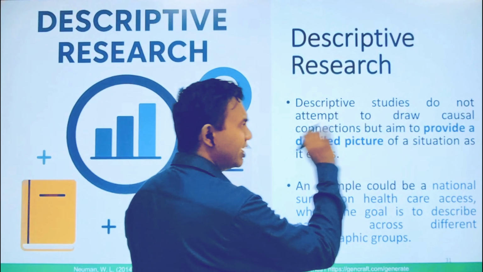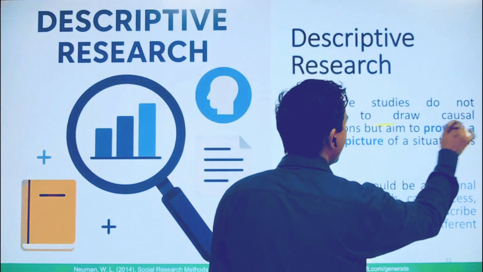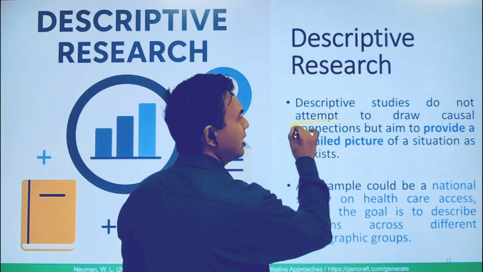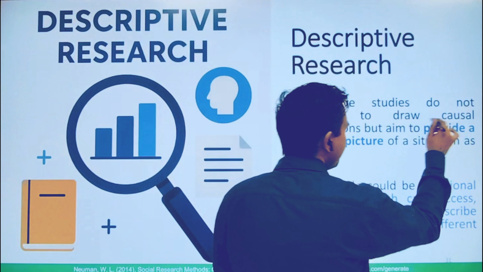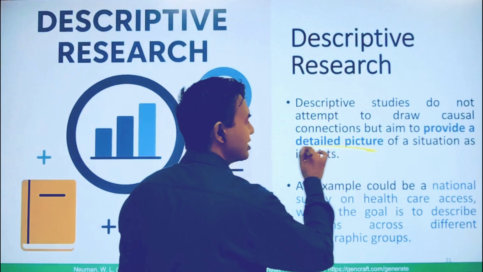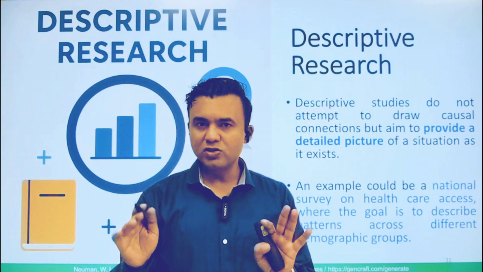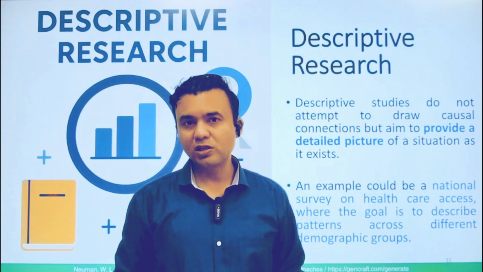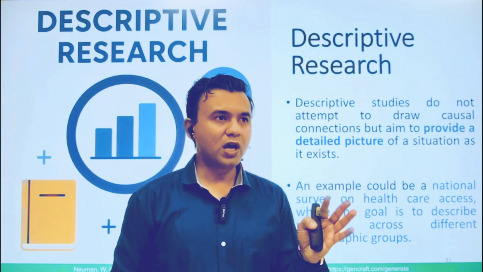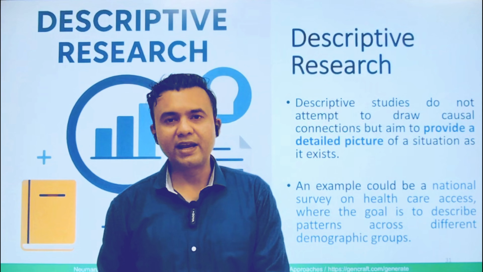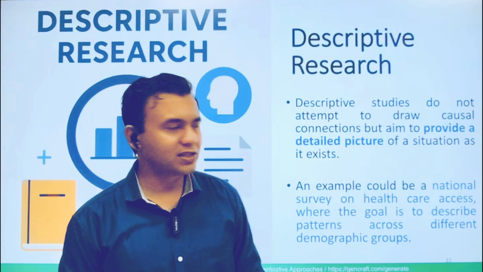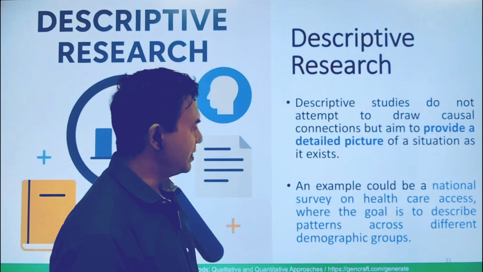Descriptive studies generally do not attempt to draw causal connections, but they aim to provide a detailed picture. They do not focus on analyzing things in a causal manner, right? Causal means one leads to the second. So not in that way, but they generally describe the detailed picture.